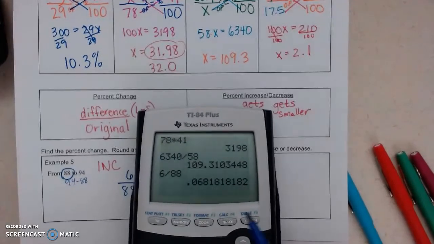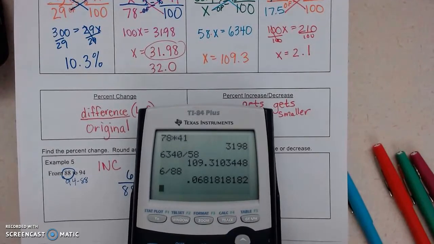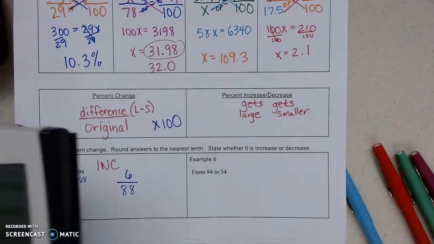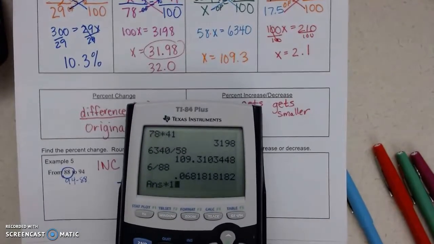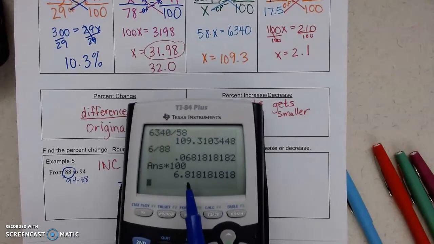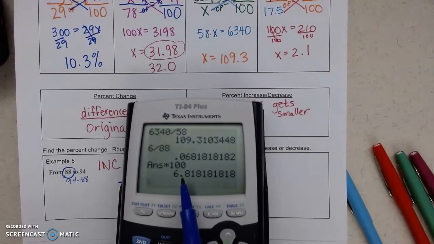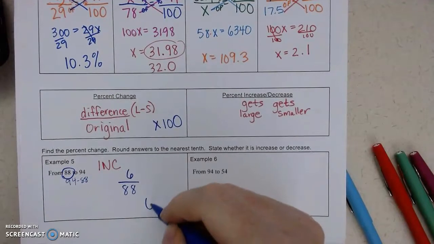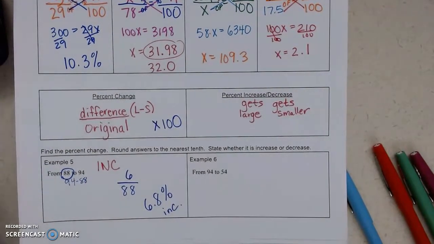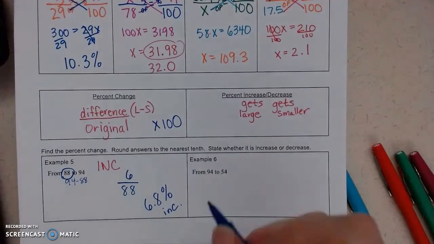Okay, now since this is a decimal, we always multiply by 100. So I'm going to say multiply by 100 on my notes. So now I want to use one decimal place, so I'm going to say it's a 6.8 increase. That's it.